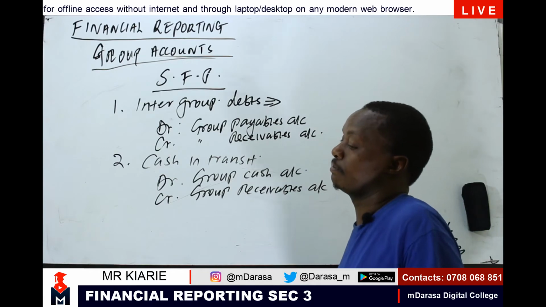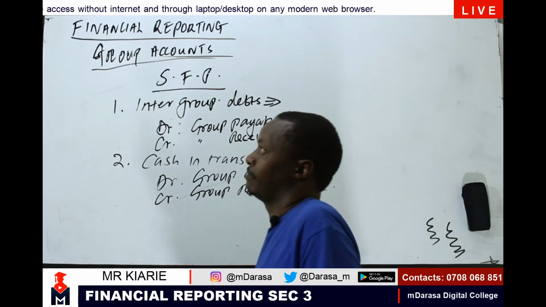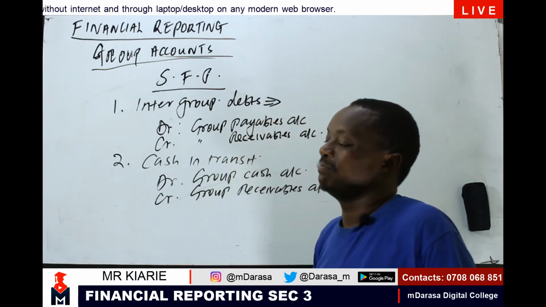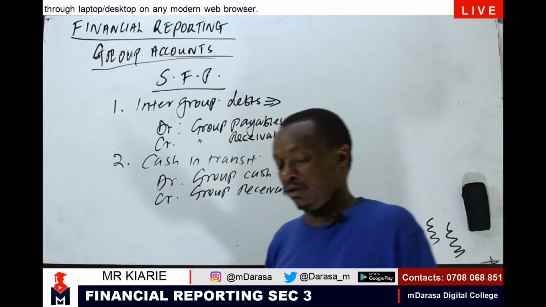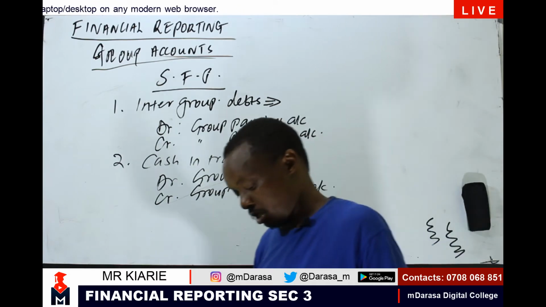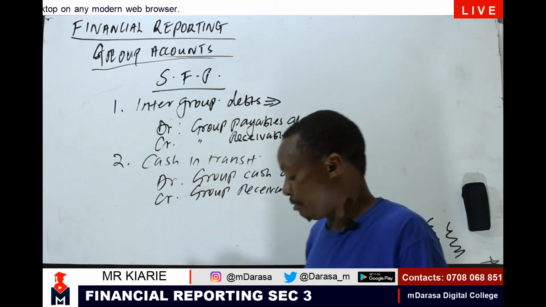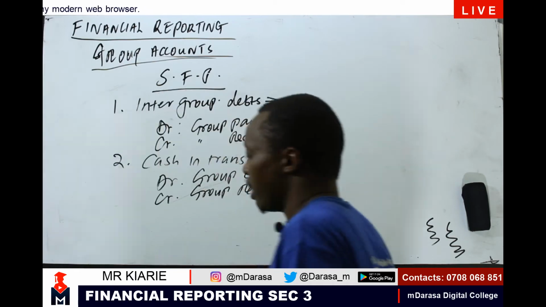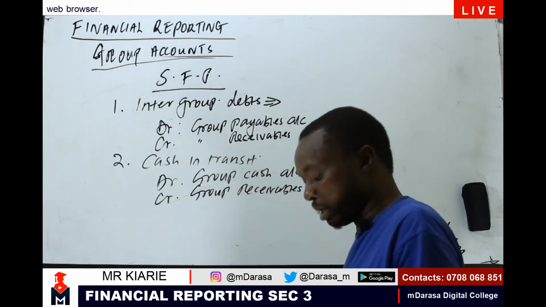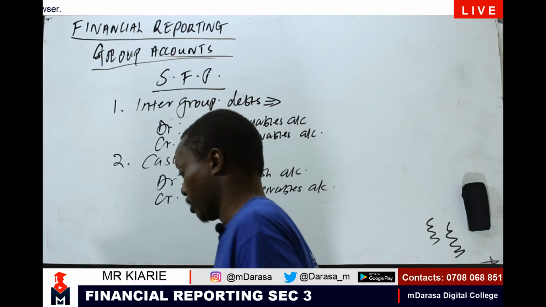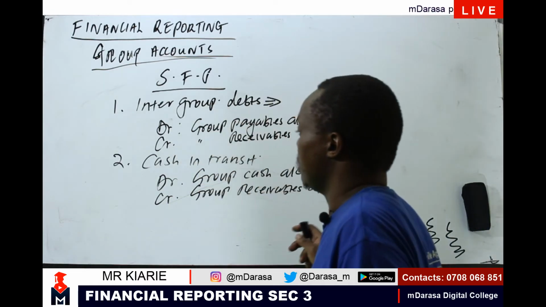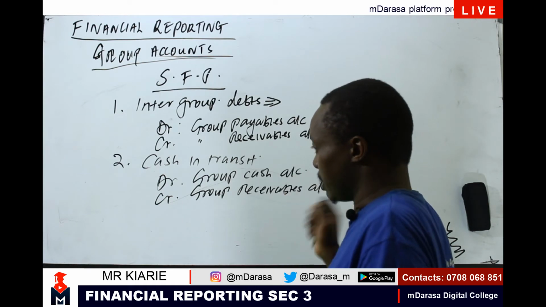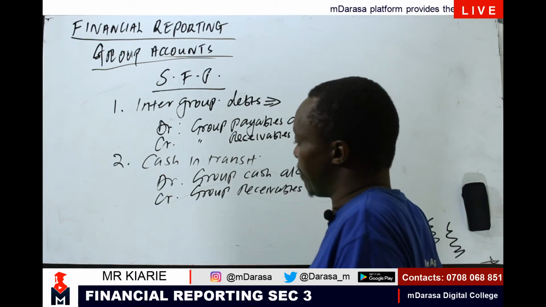Yes? So the cash is assumed to have been received from the debtor. Okay, I will clarify on that. Of course, cash is expected to be received from debtors. For purposes of clarifying that, when one group member sends money to the other, in the books of the paying group member, he will adjust.